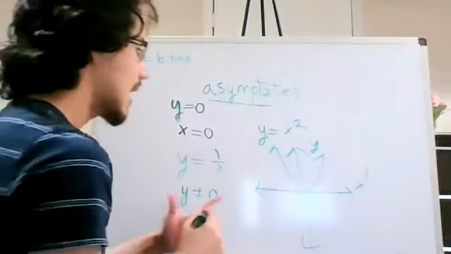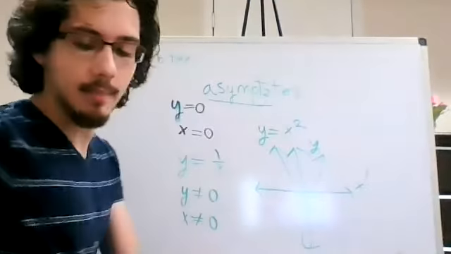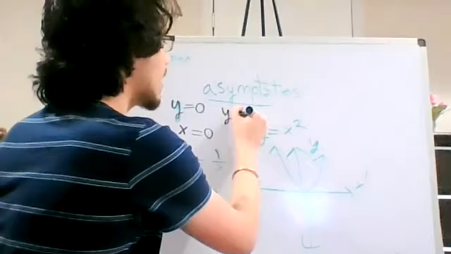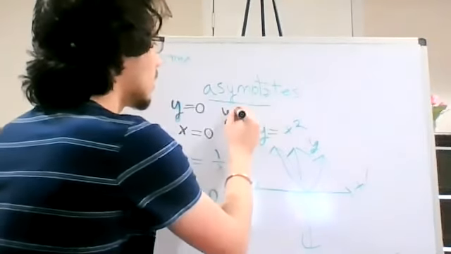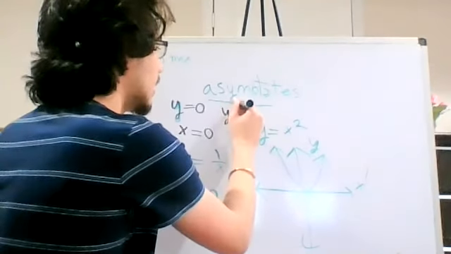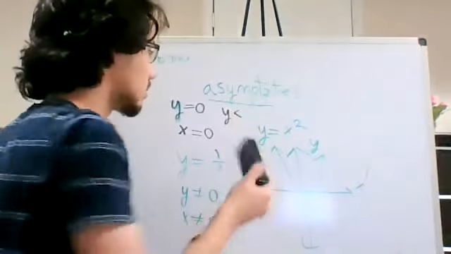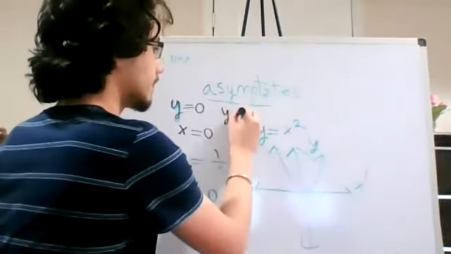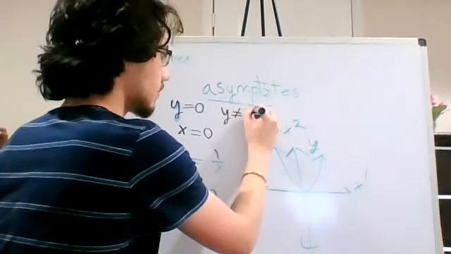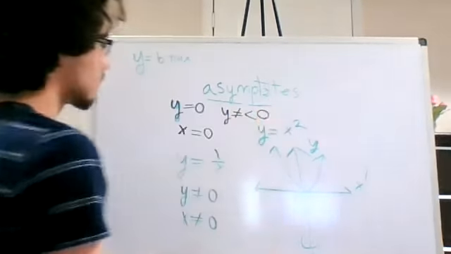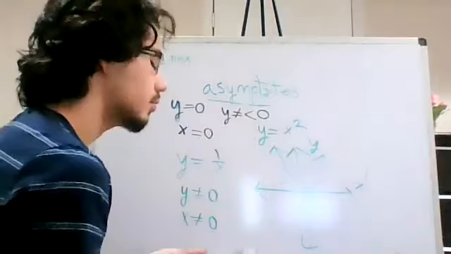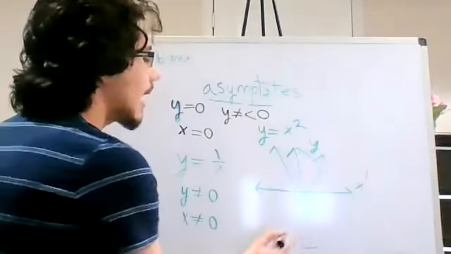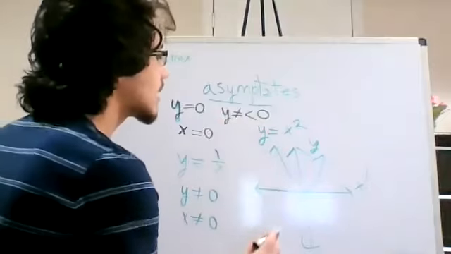What we notice is that y cannot be negative, or y cannot be less than 0. So that could be a way of writing it. So the way this would translate is that y cannot be any of the points where y is less than 0.